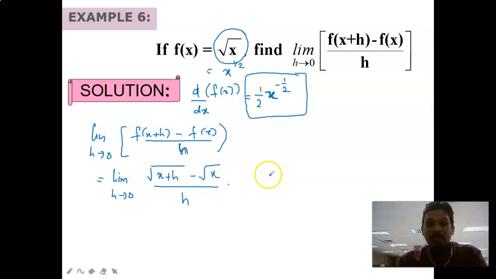In this case, we are going to multiply with the conjugate of the numerator, which is the square root of x plus h plus, look at this one, negative, and turn it into positive here, the square root of x, divided by the square root of x plus h plus the square root of x.